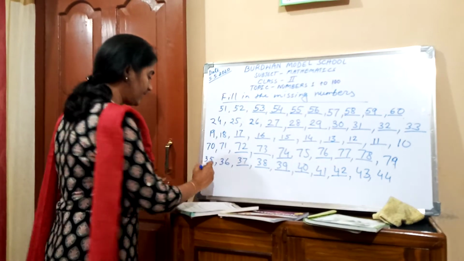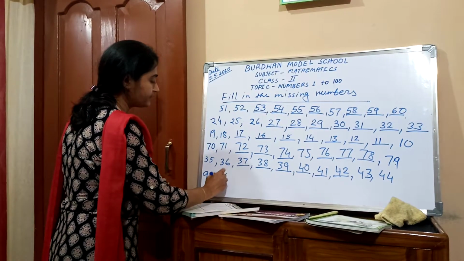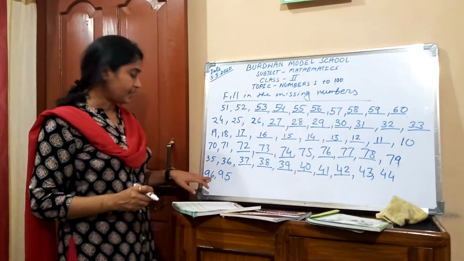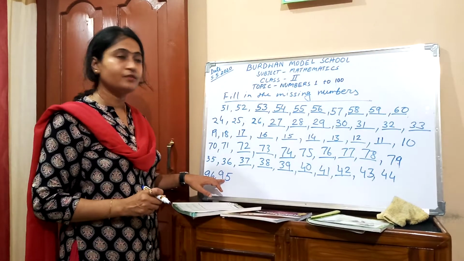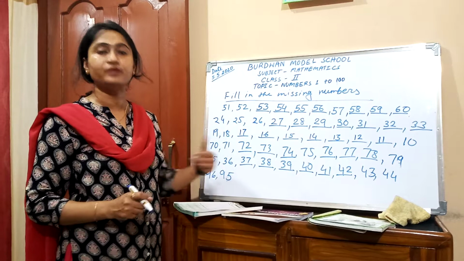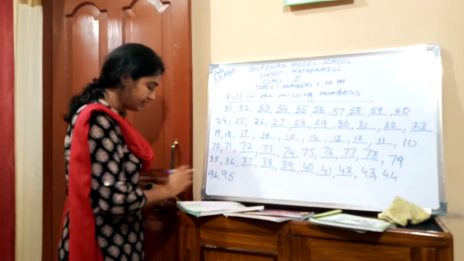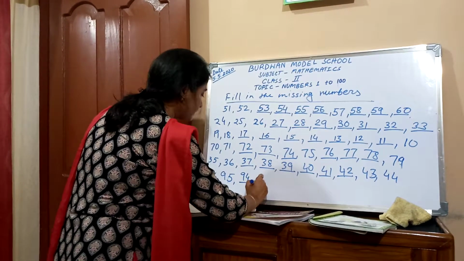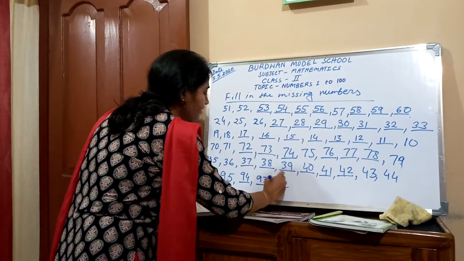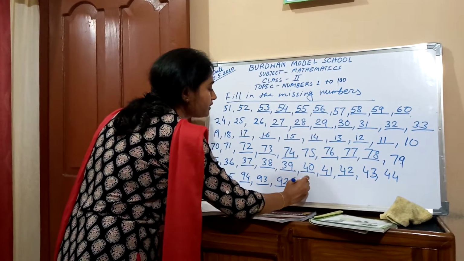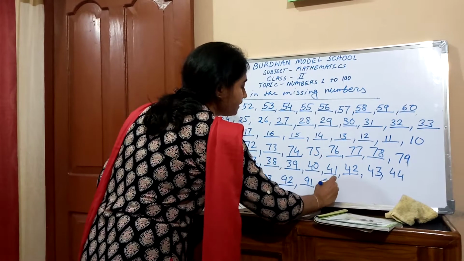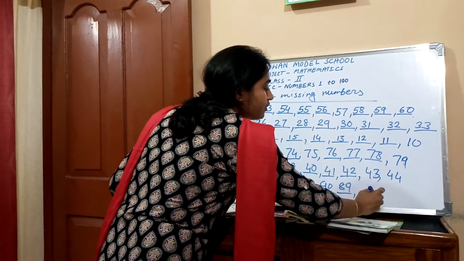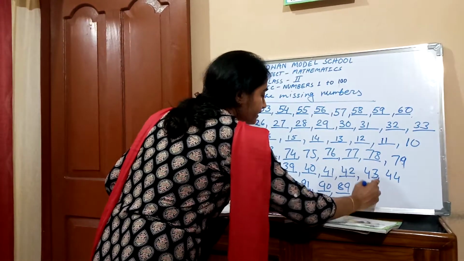Now the next: 96, then 95 is given. Which one is it following over here? Here it is following the back counting. 96, then 95, then before 95 is 94, 94 before 93, 92, 92 before 91, 91 before 90, 90 before 89, 89 before 88.